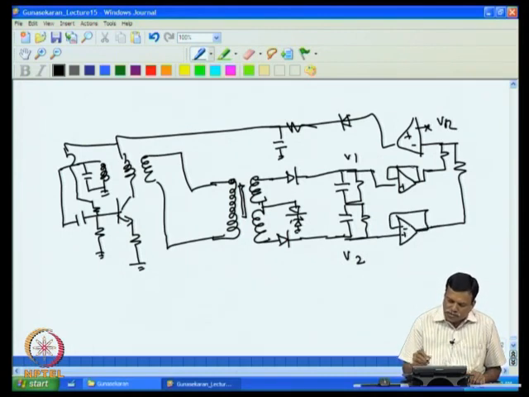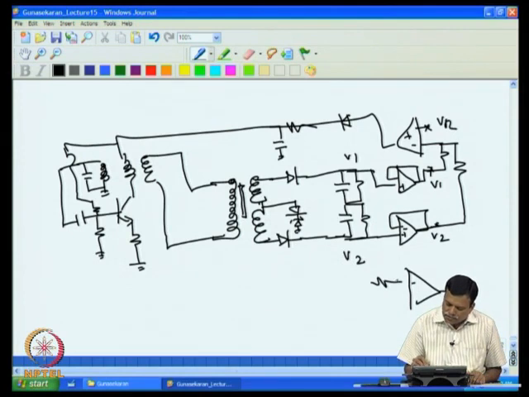So now this becomes V1 and V2. This was used to convert into current. So we had fed this one to the current converter here. The current converter was made like this. And this is the power supply point.